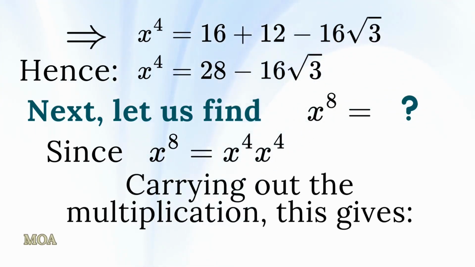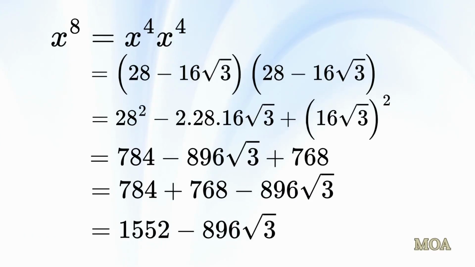Next, let us find x to the power of 8. Using the property that x to the power of 8 equals x to the power of 4 times x to the power of 4, we multiply x to the power of 4 by itself.